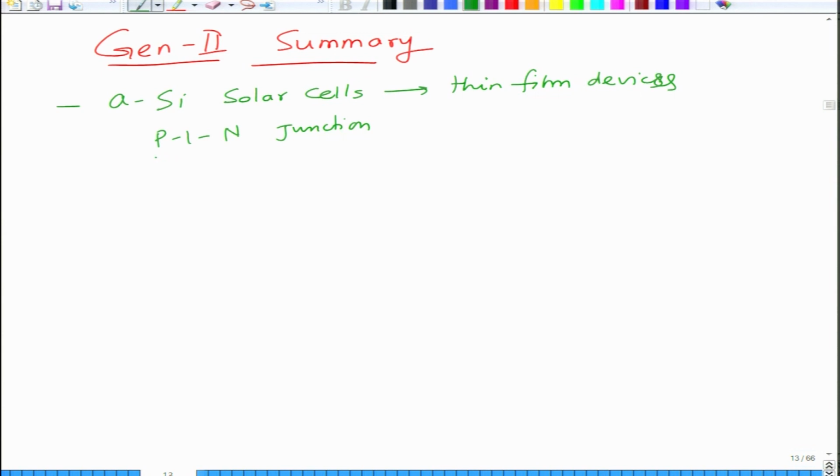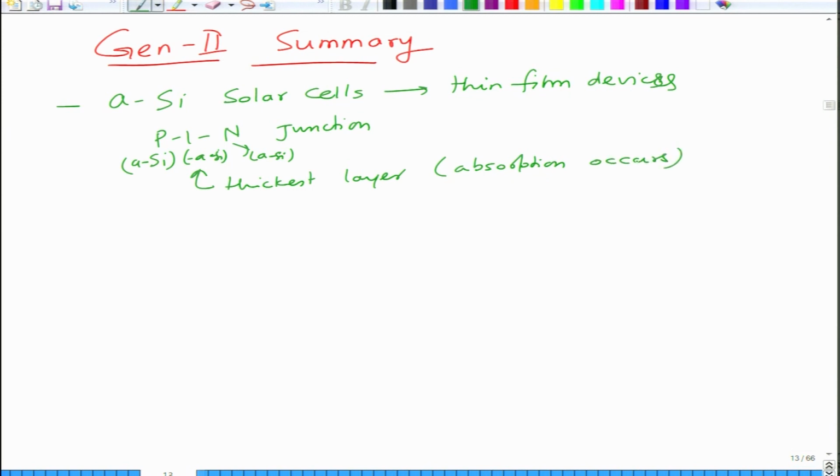So you have P silicon, you have I amorphous silicon, and then you have N amorphous silicon. P and N are very thin, and I is the thickest layer where most of the absorption occurs.